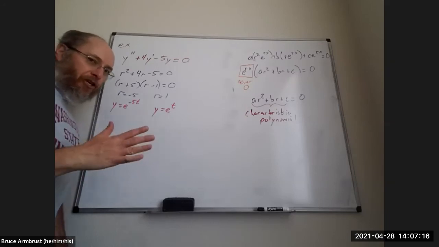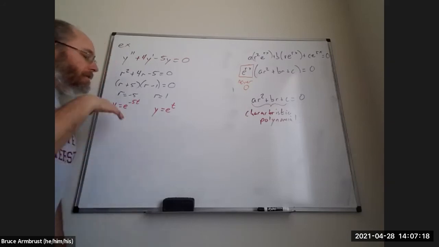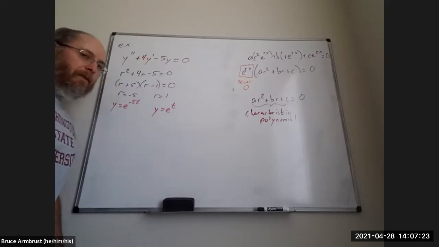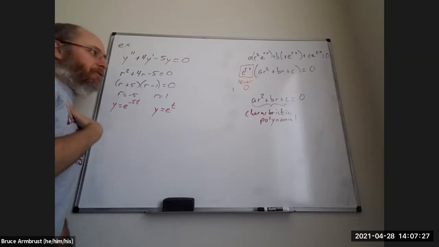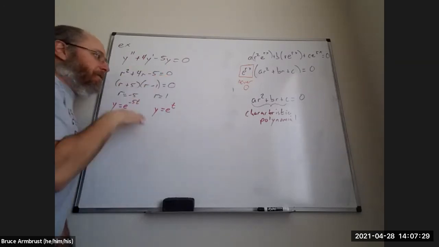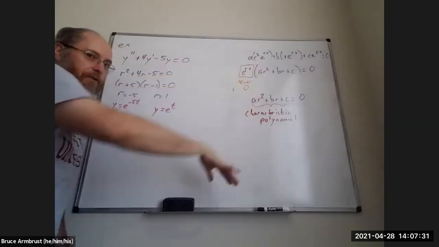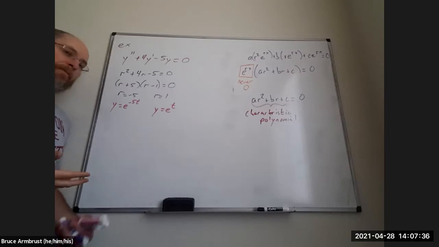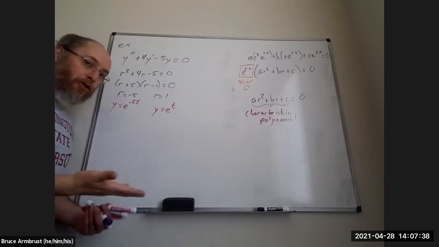Now, I'll leave it to you if you would like to check these two against the differential equation. I'm not going to bother because we already showed that things that make this polynomial 0 will be solutions when we did all this stuff over there. So I'm not going to redo the work. All right, well, I just found 2 solutions.